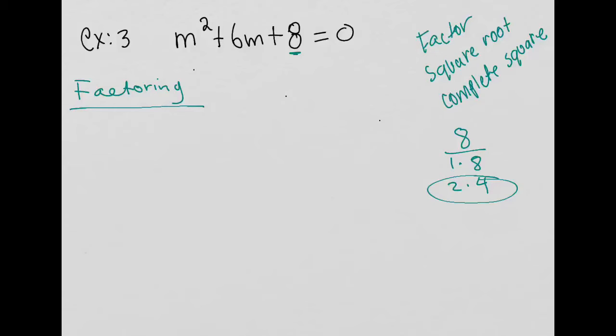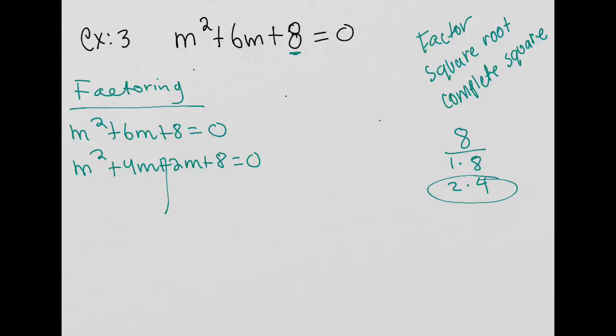Okay, so we're going to try by factoring. So m squared plus 4m plus 2m plus 8 equals 0. I'm using the AC method in order to factor this. You can definitely use other methods. It does not have to be just the AC.